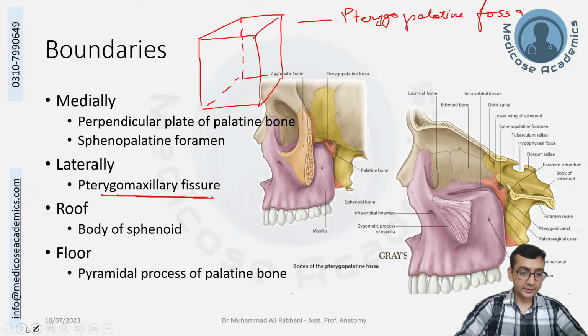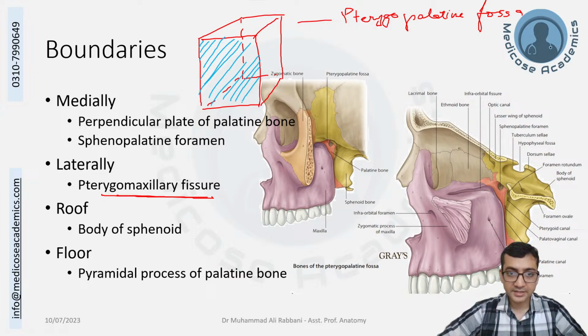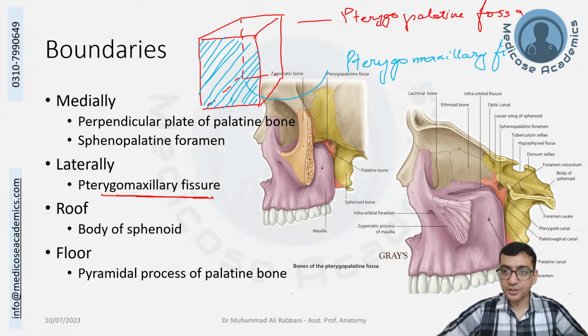If you look at this cube, if you look at this structure, the anterior surface that is facing yourself, this 2D plane, only this surface, not the rest of it. This plane, this curtain, this is called, you may have guessed it, pterygomaxillary fissure.